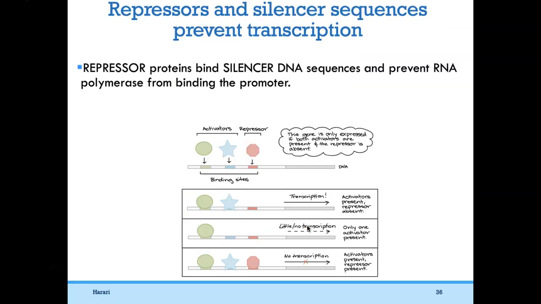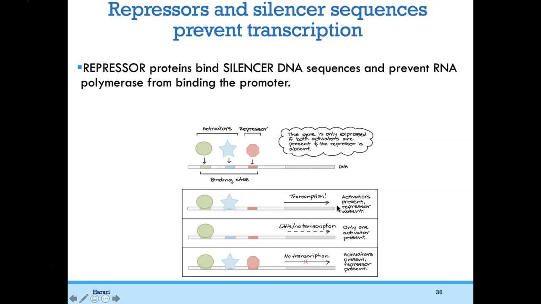And just like there are activators that bind enhancer sequences of DNA, repressor proteins bind silencer DNA sequences and can prevent RNA polymerase from binding to the promoter. So it's a combination, right? You can have two sites for activators and a site for a repressor, but the gene will only be made if two types of activating transcription factors are present and the repressor is absent.